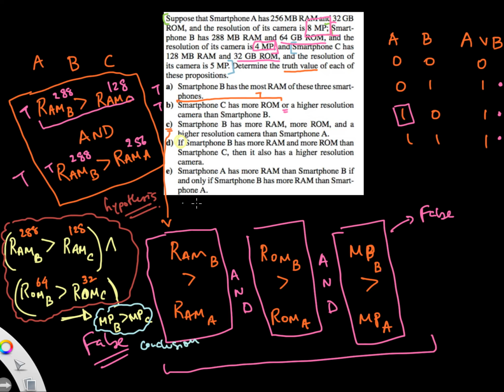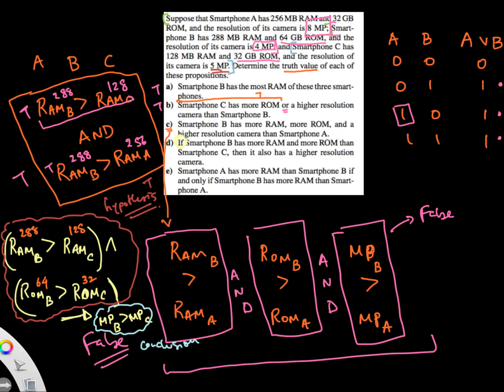So the hypothesis is actually true in this case. And the conclusion here is that the megapixels of B are greater than the megapixels of C. B has 4 megapixels and camera C has 5 megapixels, which means that the conclusion is actually false.